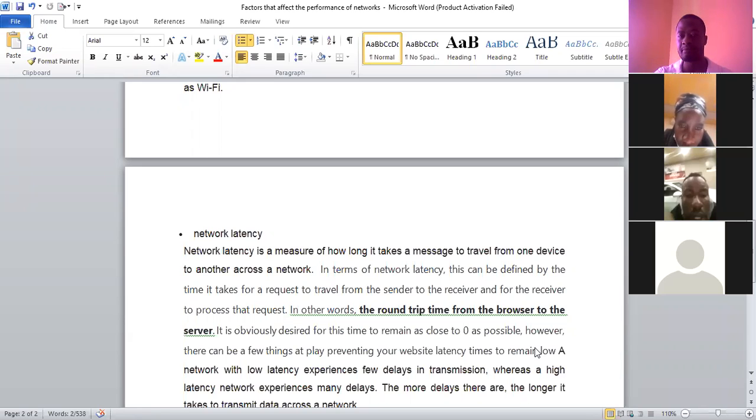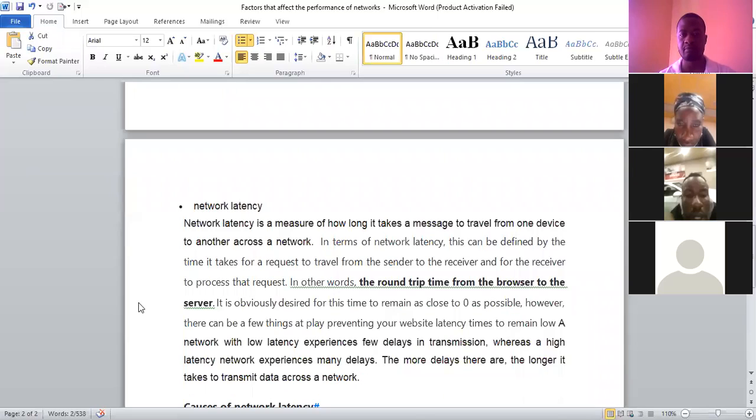I think network latency is all about the speed for the message to go from one place to another place in the network. But in the network itself, I never knew about the speed. Okay, it's fine. I think your network is having a problem.